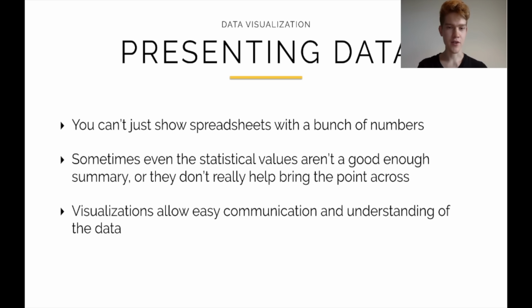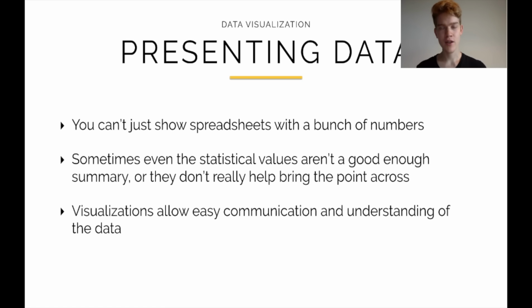And of course, we talked about statistical values, and statistical values are very important, and they can give us a good idea about the data and what's going on inside of the data. But visualizing data is just taking it to the next level. Statistical values aren't enough. They can help us, they can support us, they can give us ideas.